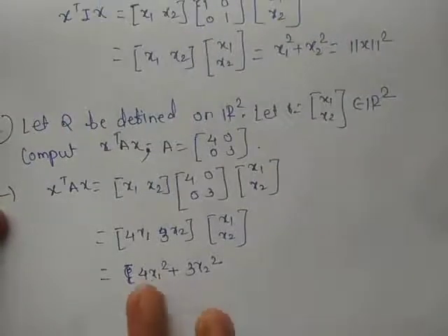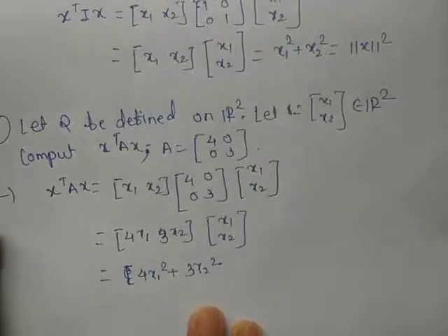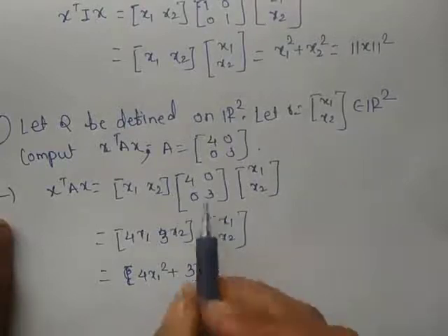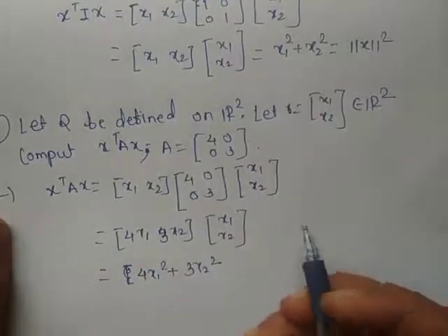This is the quadratic form. There is no cross product term in Q of x because matrix A is a diagonal matrix.